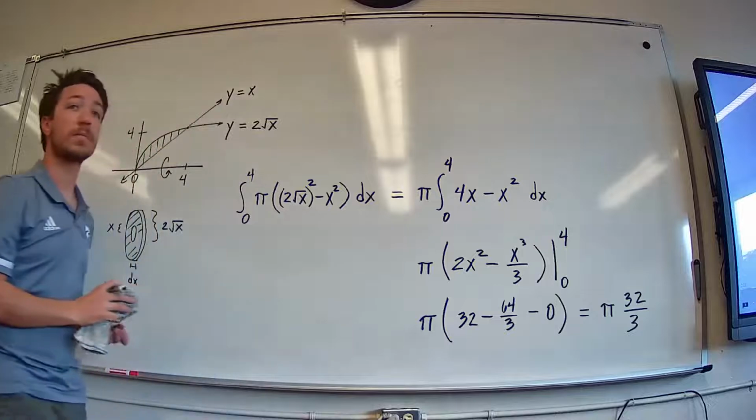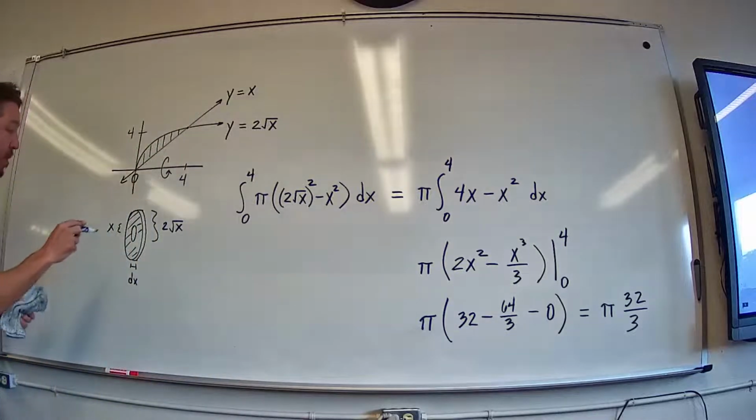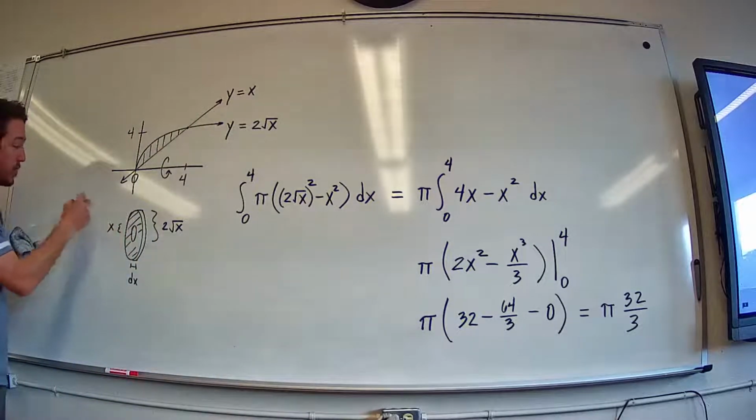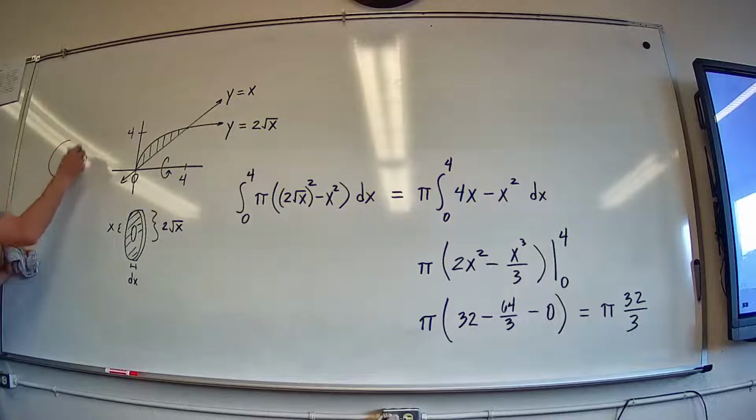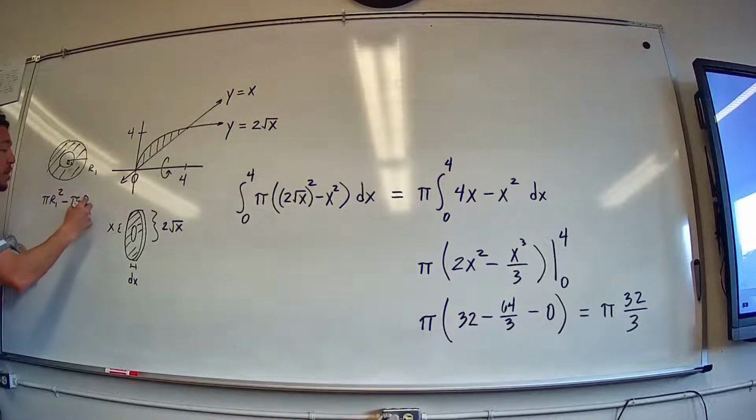So why do you have to square it? Because with a circle, if there's an outer radius of R1 and an inner radius of R2, then the area of this in-between washer is pi R1 squared minus pi R2 squared.